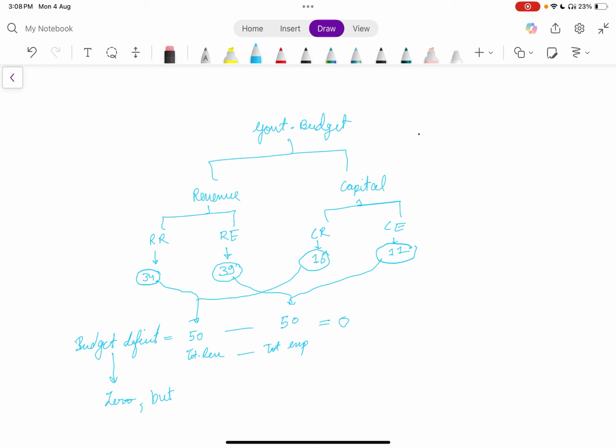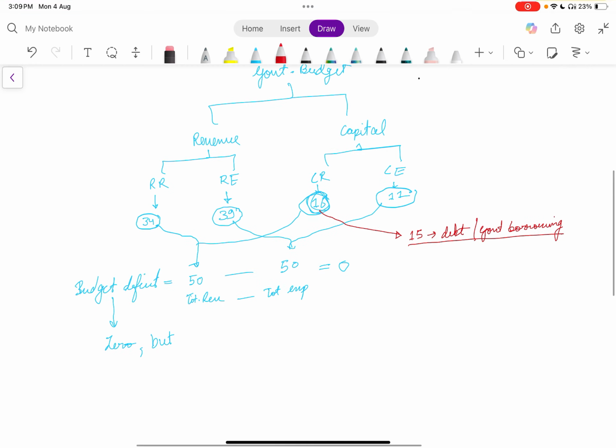In this capital revenue of 16, we might have borrowings. So assuming that the government borrowed 15 out of this 16 as debt. This is the government borrowing. So basically this is kind of a liability, which the government has to repay.